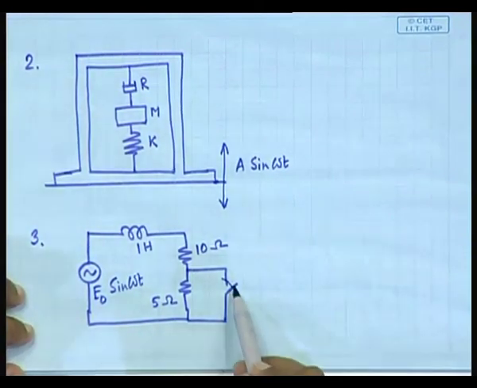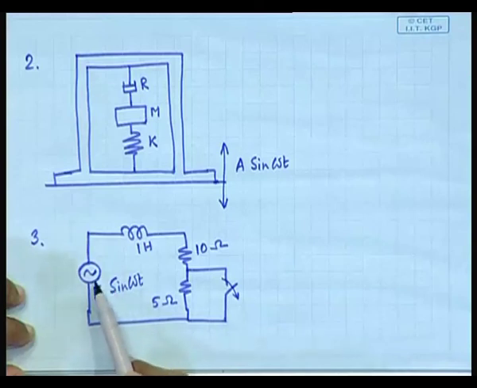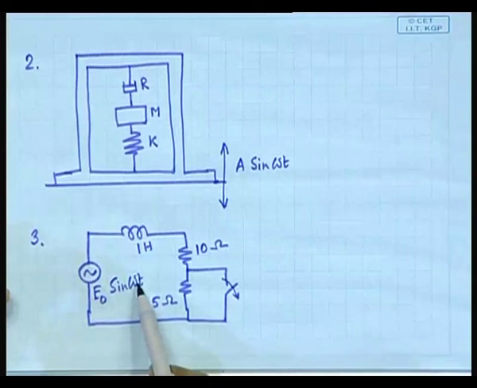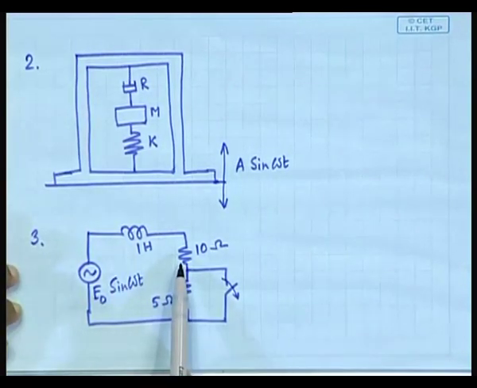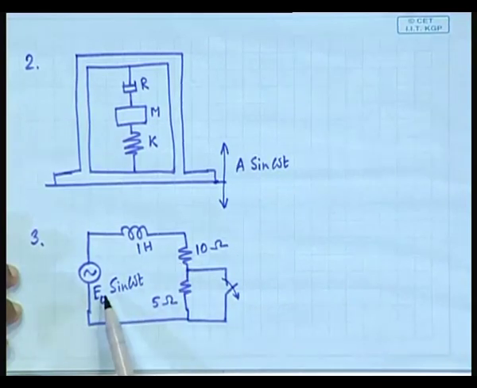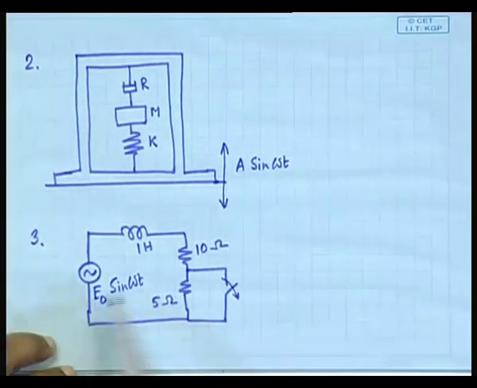First, when it is closed for a long time, the current at that time was how much? E naught sin omega t divided by 10? No, this is a sinusoid. You cannot say by 10.